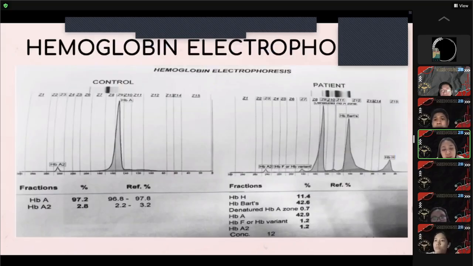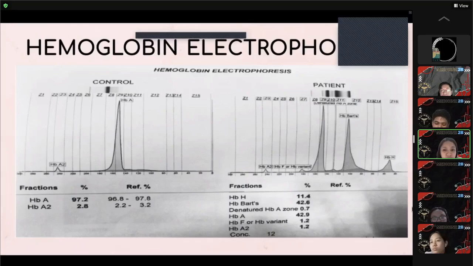So for the result of the hemoglobin electrophoresis, the presence of high levels of gamma tetramer and very low hemoglobin F in conjunction with high hemoglobin H and hemoglobin A2 are highly indicative of 4 alpha chain deletions, which is suggestive of hemoglobin Bart.